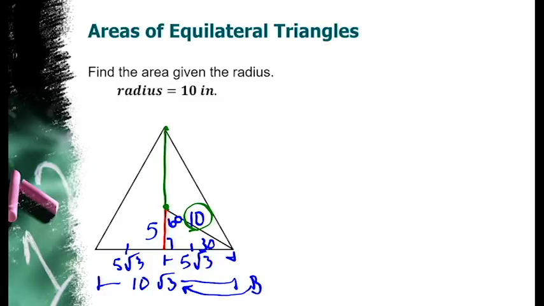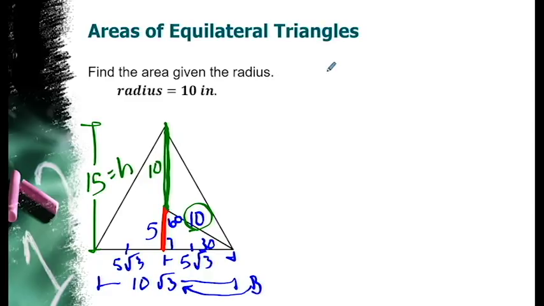So if we already have a radius of 10, that means our radius up on the top here would also be 10, giving us a full height of 15. That's the 10 plus the 5, the radius here, plus the apothem down here.